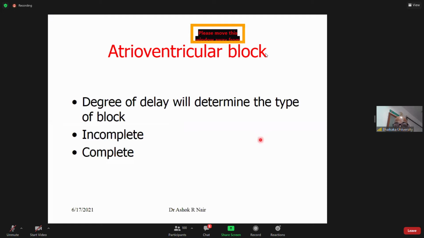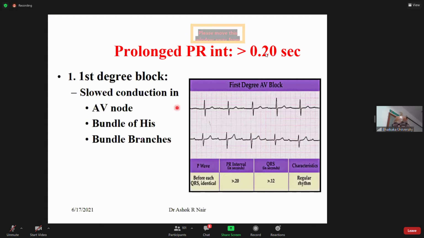Atrioventricular block may be a partial block or a complete block. If it's a partial block, it can be first degree block or second degree block. In the first degree block, which we already saw last class, the PR interval is prolonged. Here it's an SA rhythm, a P wave followed by QRS complex followed by T wave.